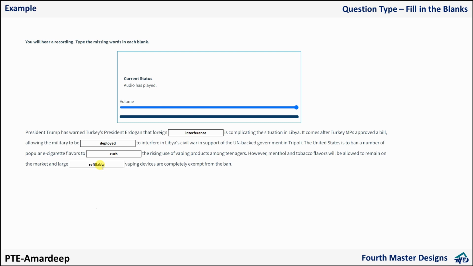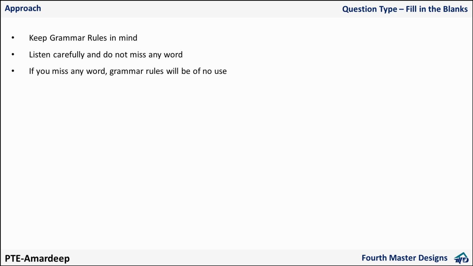Okay. And also there is one more thing. Even if you go through a list of important words, there is no guarantee that curb will be there, or refillable will be there, or deployed will be there. So this is how you are going to get it. Now I have one important suggestion for you. The first one, keep my grammar rules in mind. They will definitely help you. If you have missed a word, then my grammar rule will not help you.